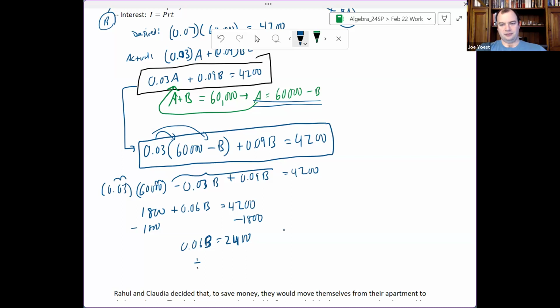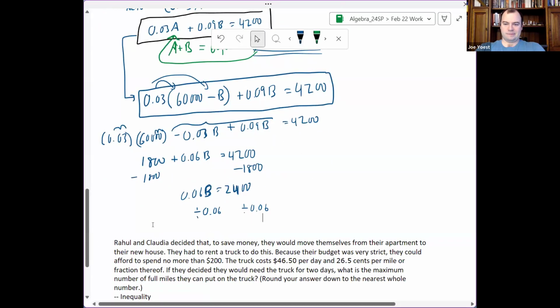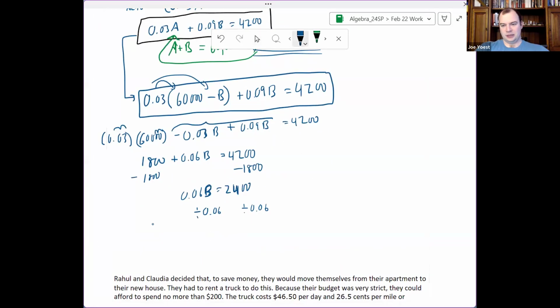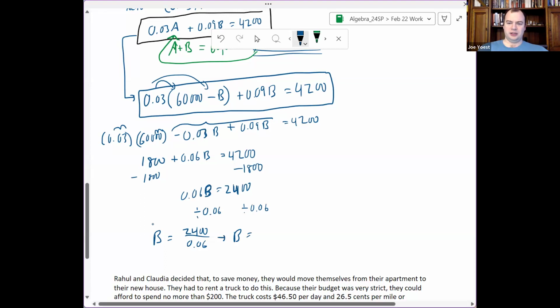And now I want to isolate the variable. So I need B equals 2,400 over 0.06. And this says that B equals, well, I can multiply the bottom by 100, shift the decimal point to the right.